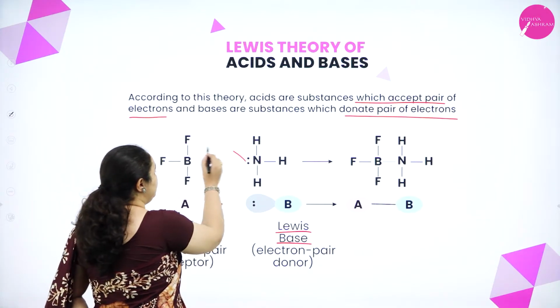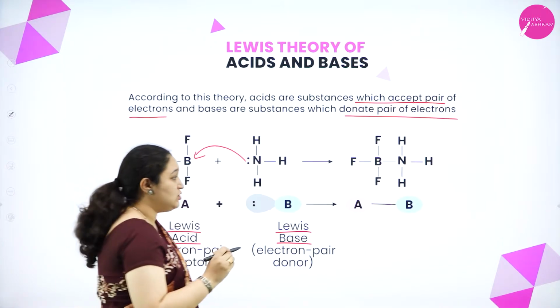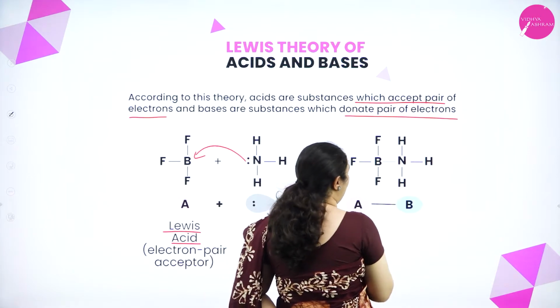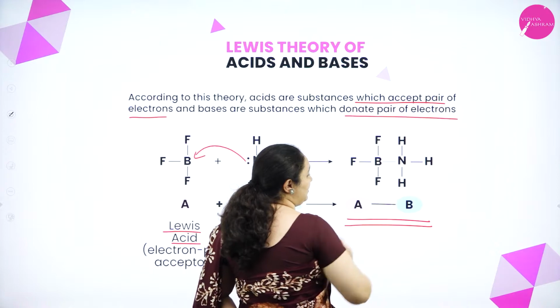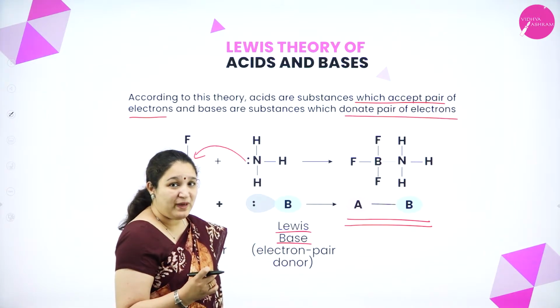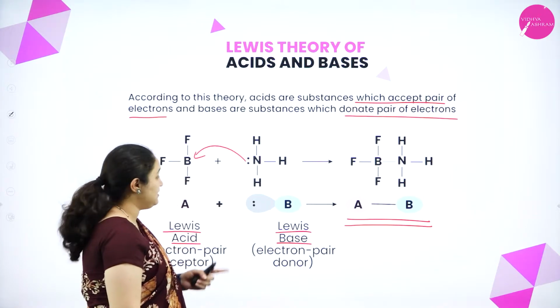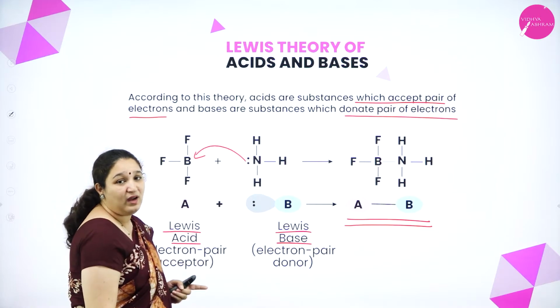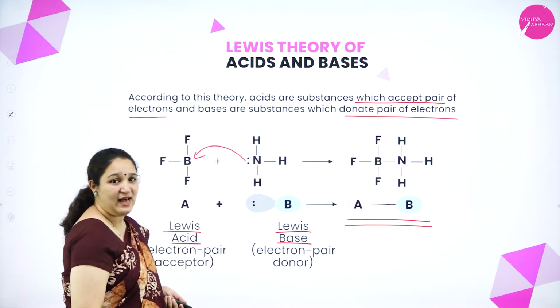Here the electrons are donated to boron so that they form a bond between boron trifluoride and NH3. So which is donating a pair of electrons here? Ammonia, so thus it is a Lewis base. Boron in boron trifluoride can accept a pair of electrons, thus it is a Lewis acid.